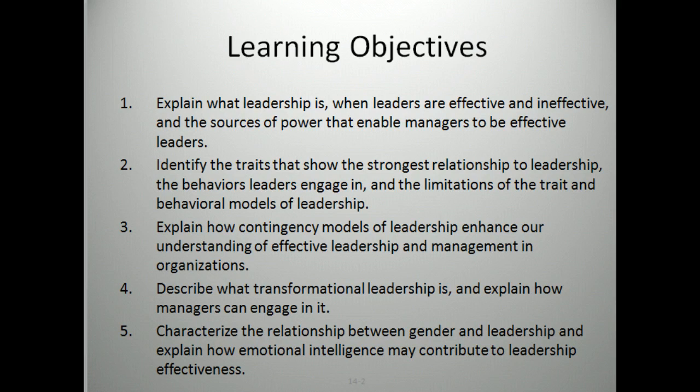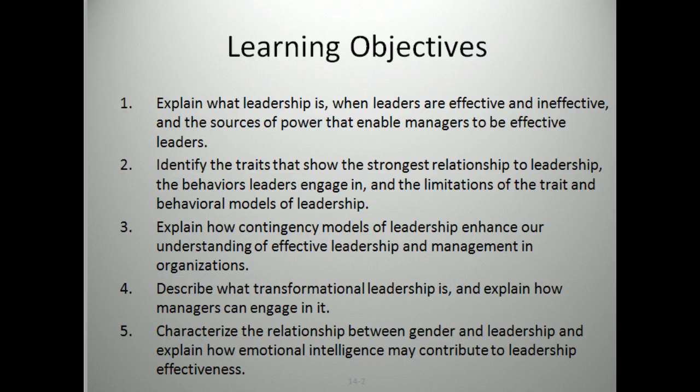This week, you will learn what leadership is, when leaders are effective versus ineffective, and what makes a leader effective. We will talk about the differences between management and leadership, or managers and leaders. We're also going to talk about traits that show the strongest relationship to leadership and the behaviors that leaders engage in, and the limitations of trait and behavioral models.